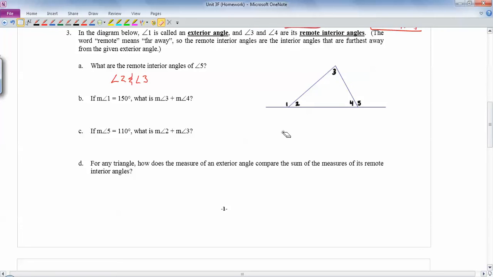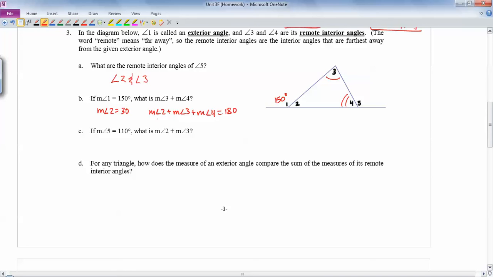Okay, the next problem says if the measurement of angle 1 is 150 degrees, what's angle 3 plus angle 4? Okay, well, if 1's 150, then 2 has to be 30 degrees. So measurement of 2 would have to be 30. And we know that 2 plus 3 plus 4 would have to be 180.